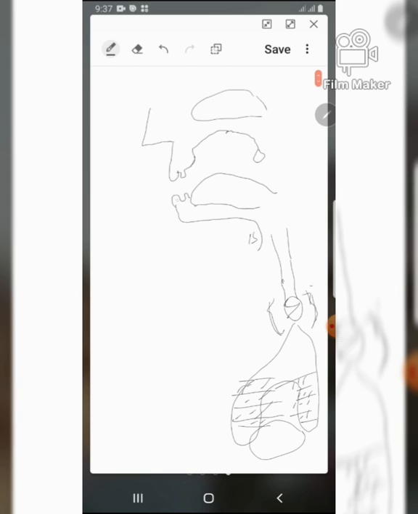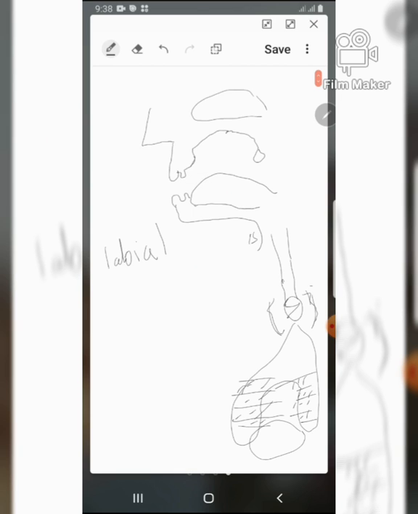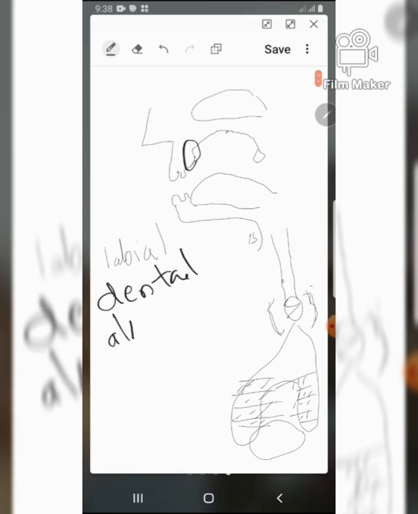When we are using lips, it's called labial. Two lips means bilabial. When you are using teeth, it's called dental. When you are using this part, it's called the alveolar ridge.